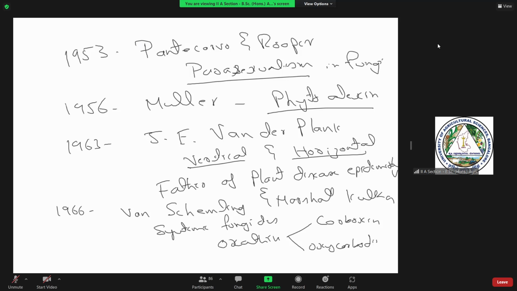This is considered to be the first systemic fungicide that was developed and used for plant diseases.